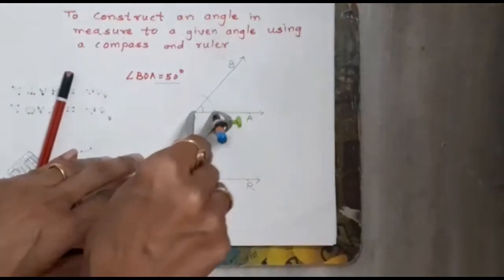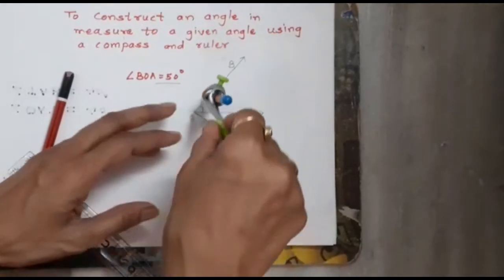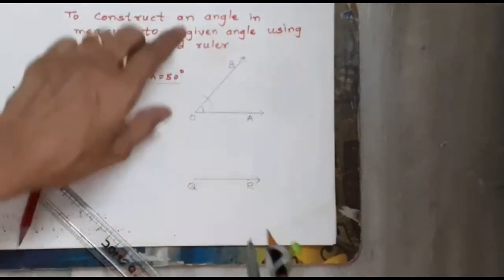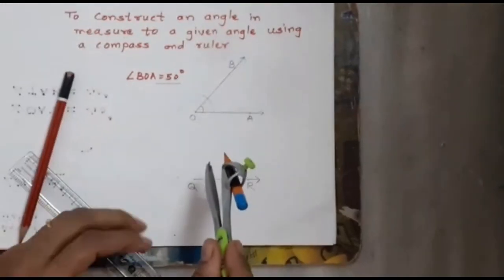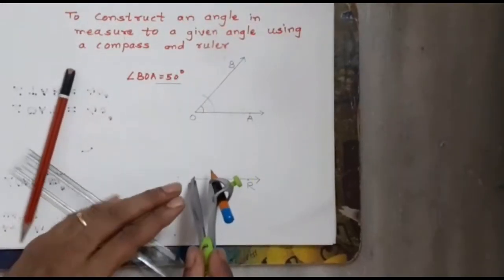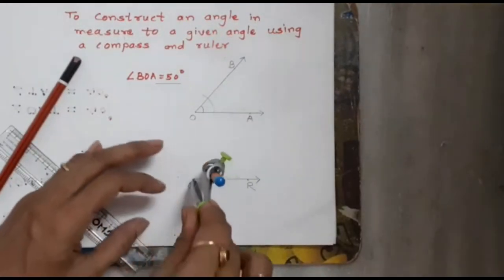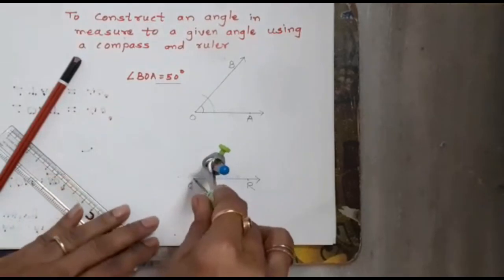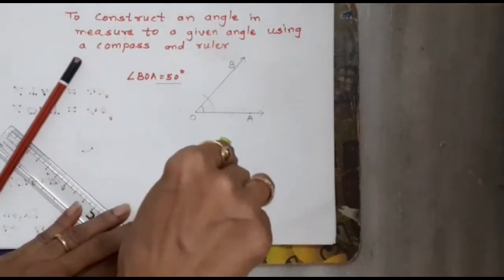This arc I have drawn on this angle, that is angle BOA. Now place the point of the compass at point Q of ray QR, and with the same distance, don't change it, draw an arc.